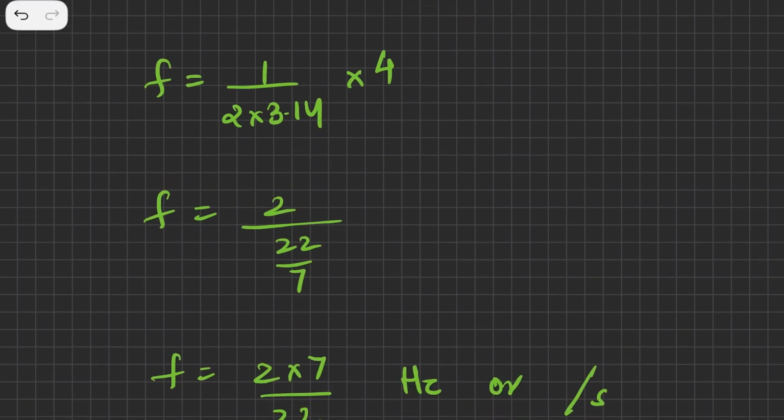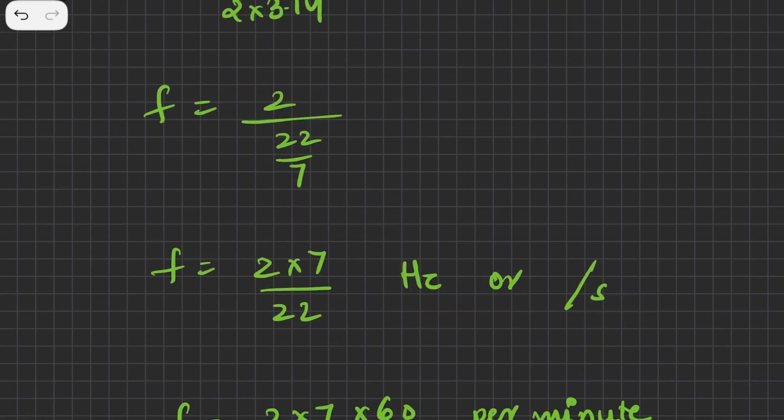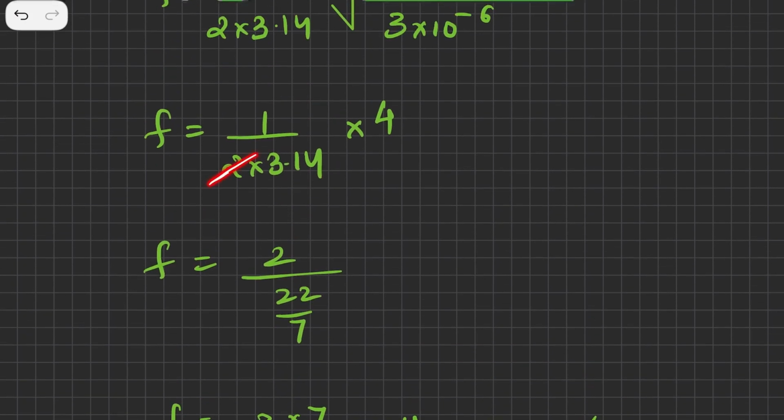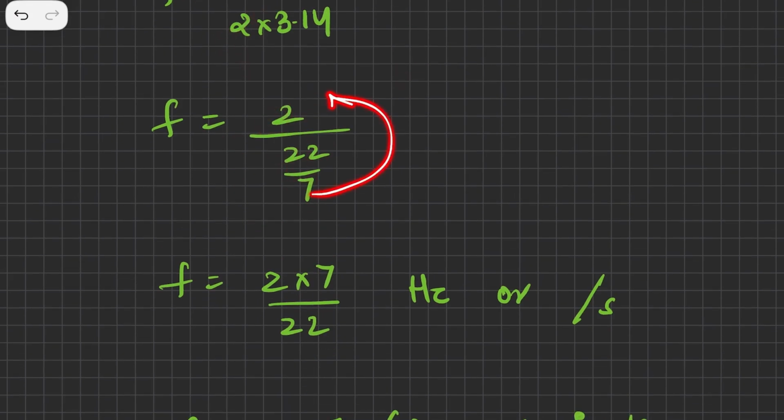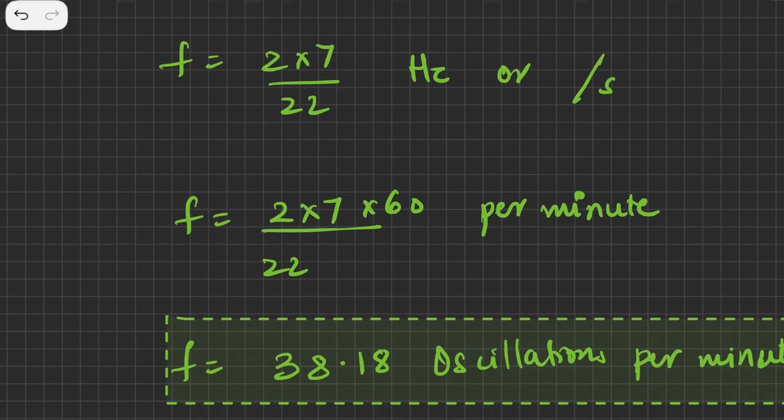Now I see that 3.14 is in the denominator, and dividing by 3.14 would be difficult for me, so I'll just replace this by 22 by 7. So I'll get 2 upon 22 by 7. I'll move the 7 to the numerator, so I'll get 2 into 7 upon 22, and this is in hertz, or number of oscillations per second.